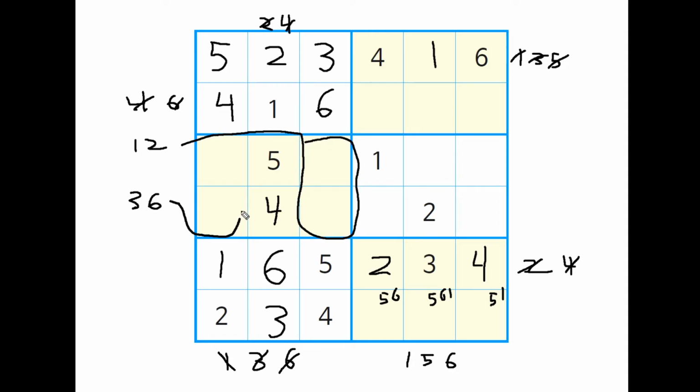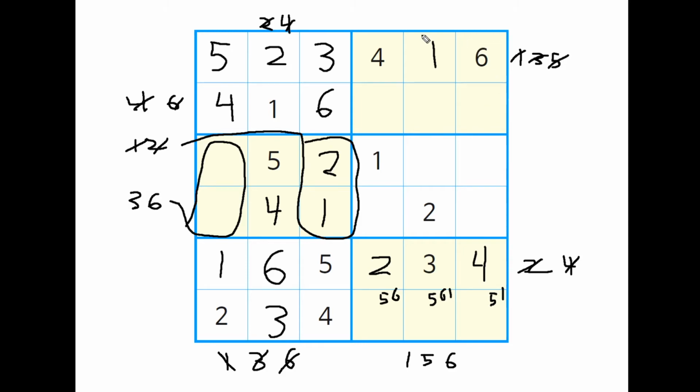So I'll just mark it like this, just so it's a bit more clear. We see right beside this first cell that the number 1 already exists in that row. So the number 1 must be placed here, and the number 2 here. So that's done. Now we still don't know where the 3 and 6 go, so we'll leave that.